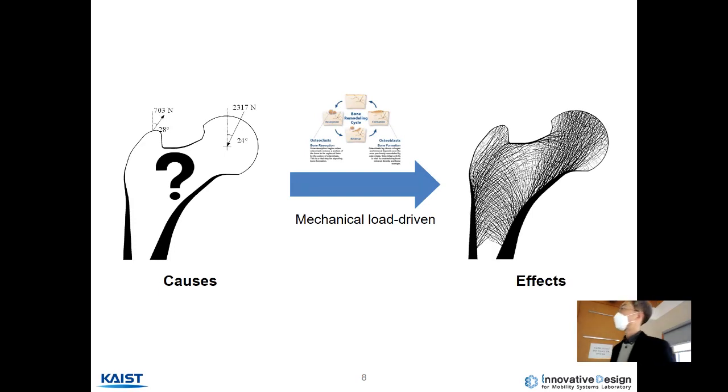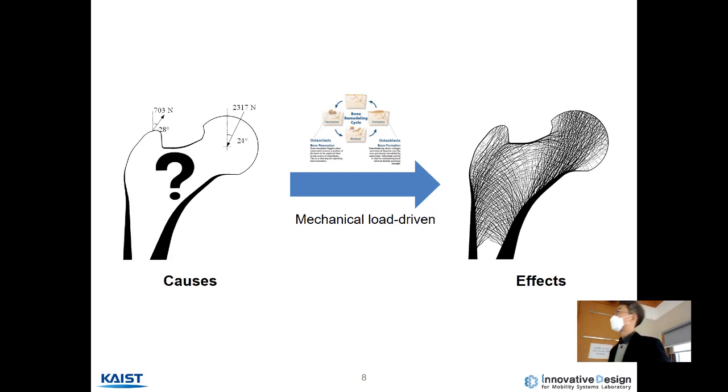As a result, we have this very complicated structure, trabecular bone inside the proximal femur. So we can say the surrounding boundary condition can be considered as cause, and the resultant trabecular structures can be considered as effect, a cause and effect series.